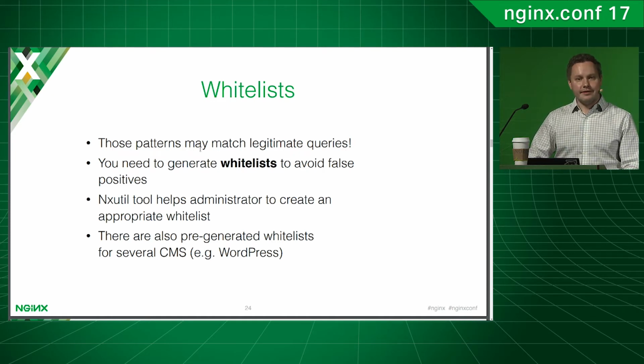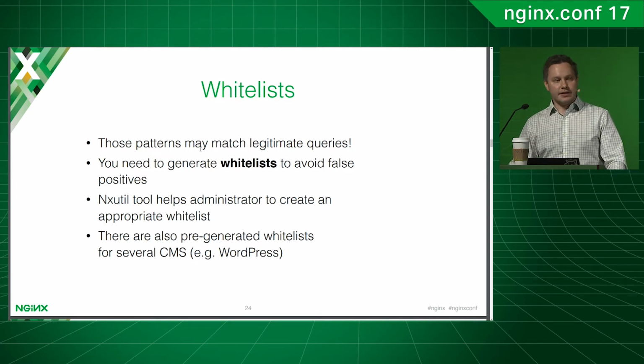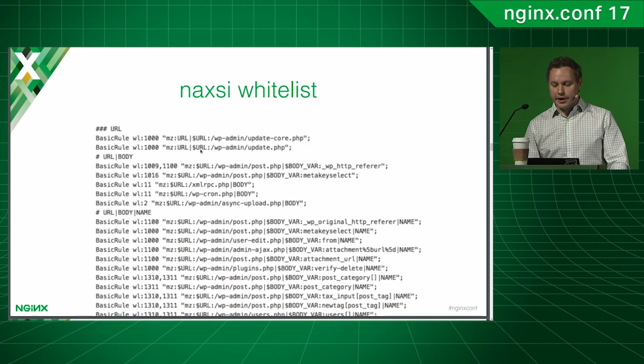There are also predefined rule sets created for WordPress and other popular tools. So NAXSI is good. It also has a great community. You can try to use it. I think if you don't update your application a lot, it can be an option for you. Otherwise, be ready to run this learning phase, this whitelisting, all the time with every major release of your software.